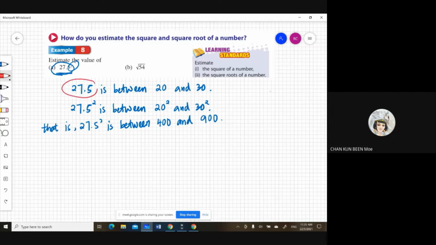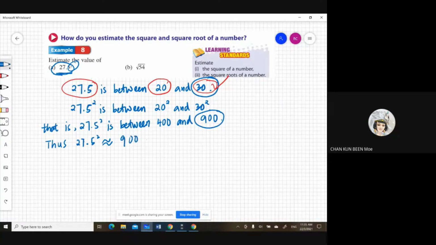If you use 27.5 minus 20, the difference is 7.5. But if you find the difference with 30, the difference is just 2.5. So it is nearer to 30. Therefore, 27.5 squared is almost equal to 900, because we choose 30. You need to put the value because they ask you to estimate the value.